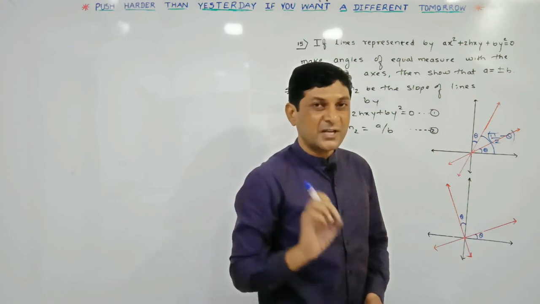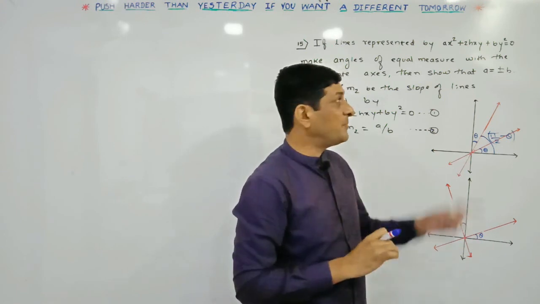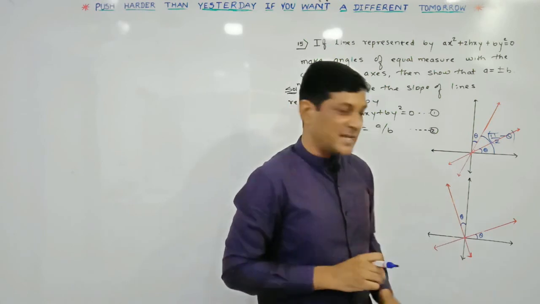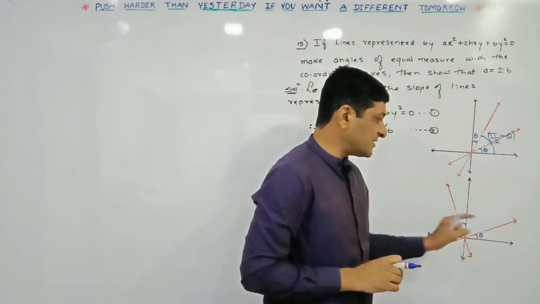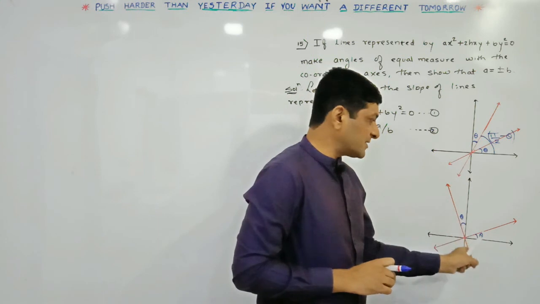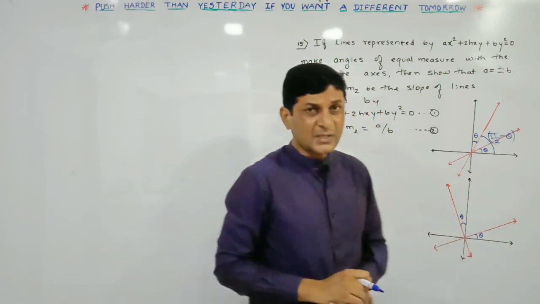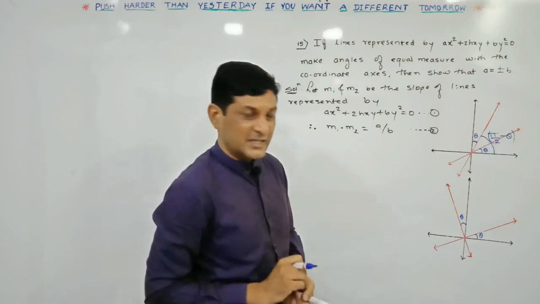What is the condition? The lines represented by this equation make equal angles with the x and y axes. If the angle made with the x-axis is theta, then the angle made by this line with the y-axis is also theta. Getting it?